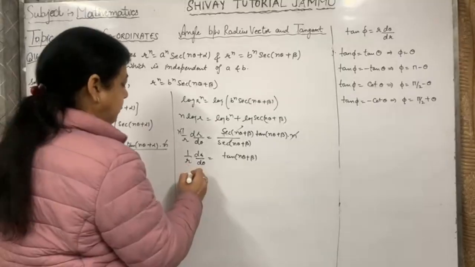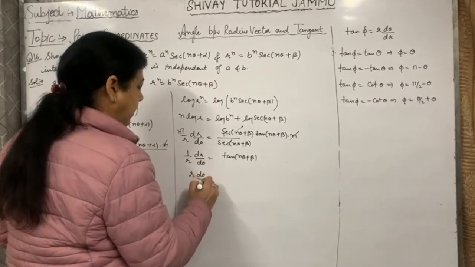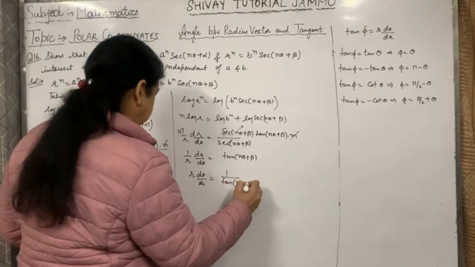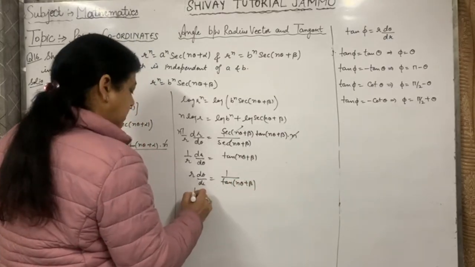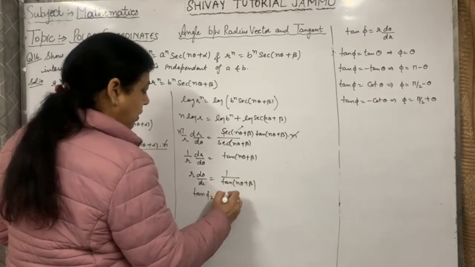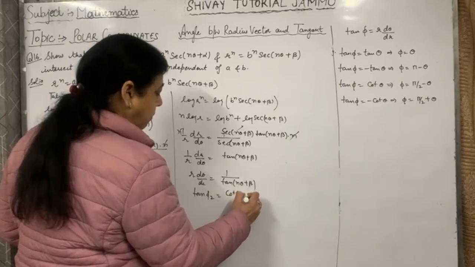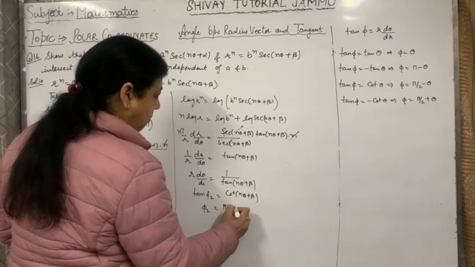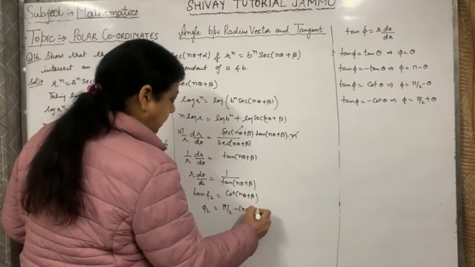And in this we take the reciprocal: r d theta by dr is 1 by tan n theta plus beta. This is tan phi 2 is cot n theta plus beta, then phi 2 will be pi by 2 minus n theta plus beta.